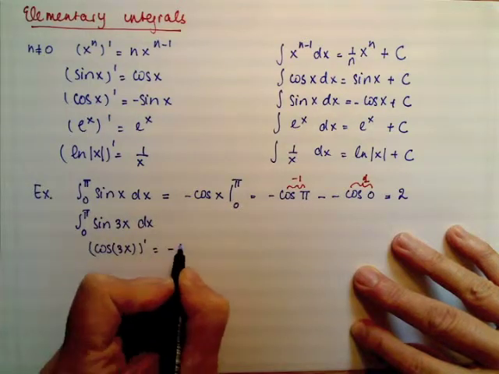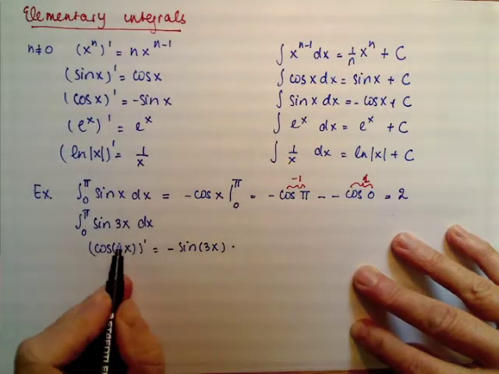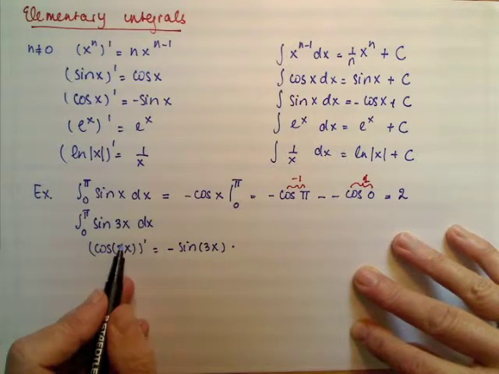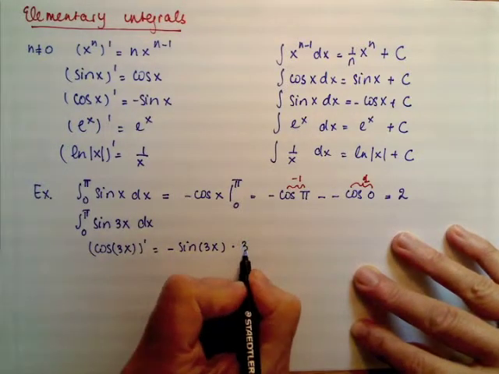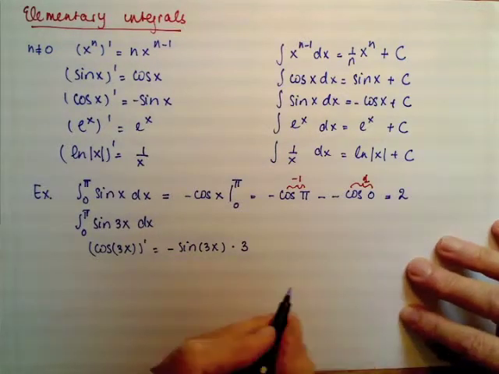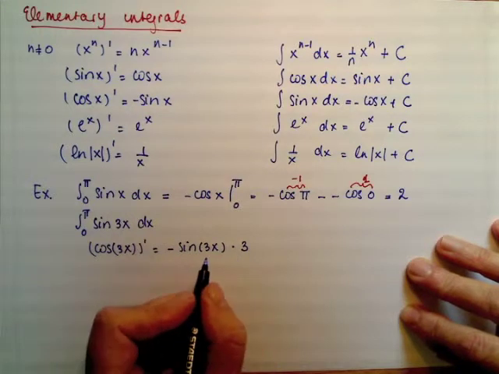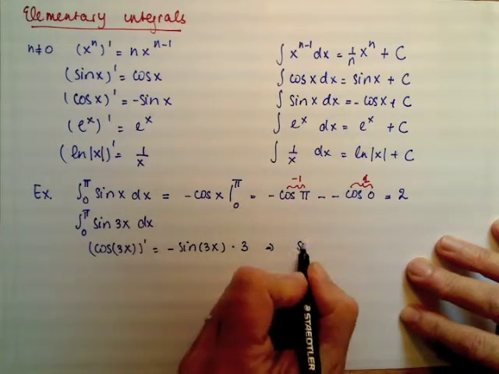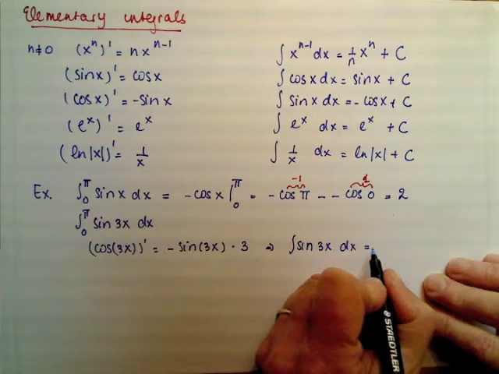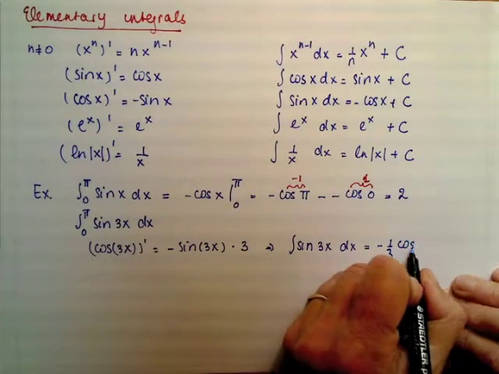We get minus sine of 3x, and by the chain rule we have to multiply by the derivative of what is between brackets, which is 3x, so we get an additional factor 3. This means that if we integrate sine of 3x, we have to compensate for this factor minus 3. And so we get minus 1/3 of cosine of 3x.